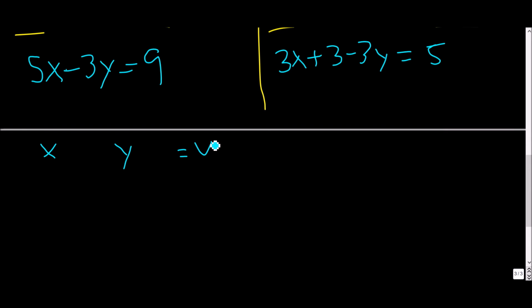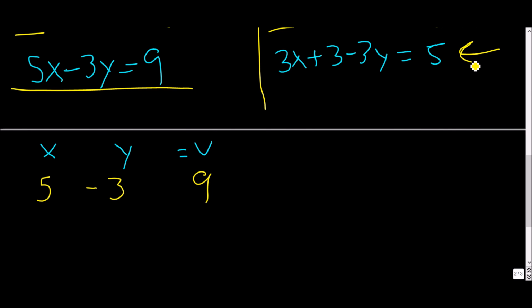So if we pull this from this side, we're going to have 5x minus 3y equals 9. This side needs a little work. So this is going to become 3x minus 3y equals 2 if we subtract that over.